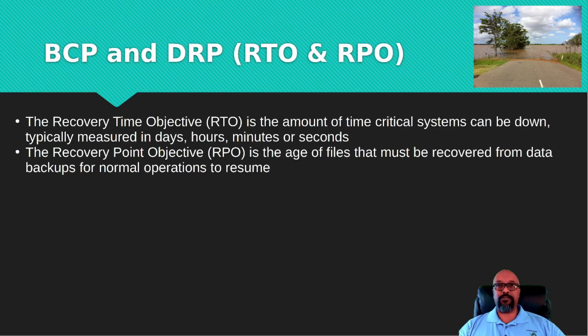The RTO, Recovery Time Objective, is the amount of time critical systems can be down. Remember, you're going to do your risk assessment and rank them from a criticality perspective. You typically measure that in days, hours, minutes, or in some cases even seconds.